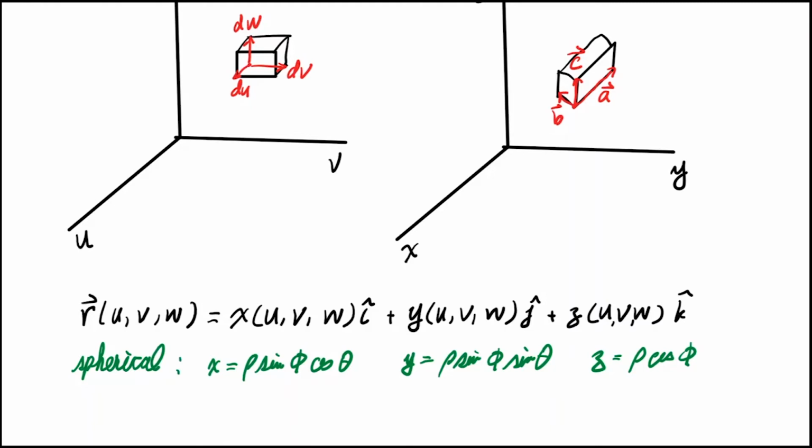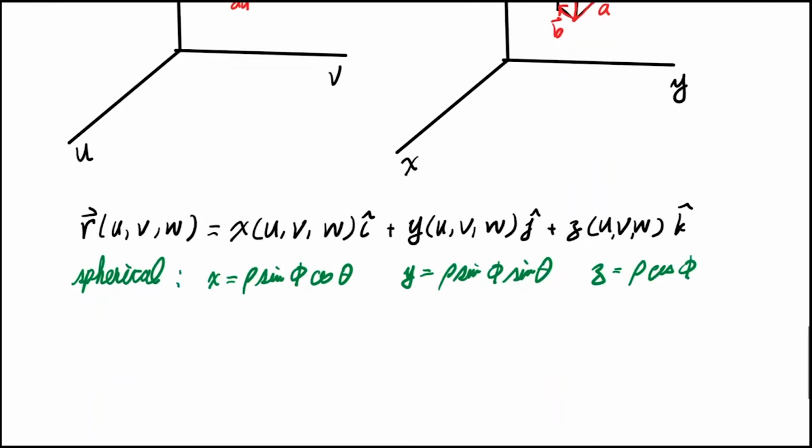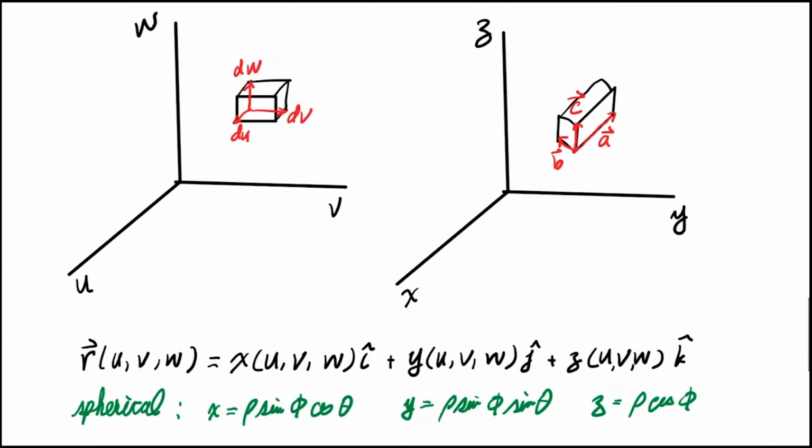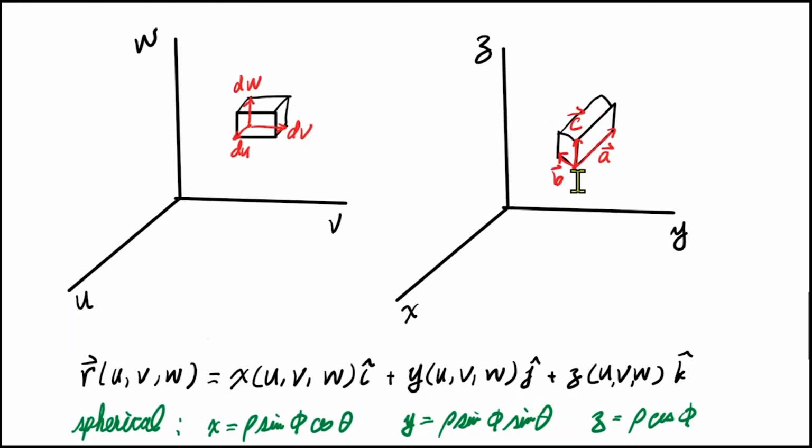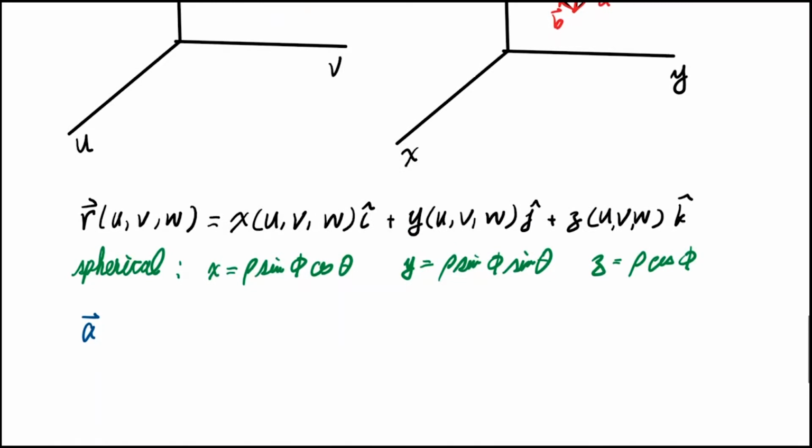Now we have to find the A vector. So A vector, up here, this thing right here, right? We just vary u a little bit, so we'll say that is delta r in the u direction.